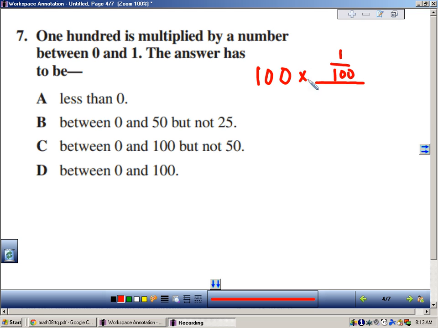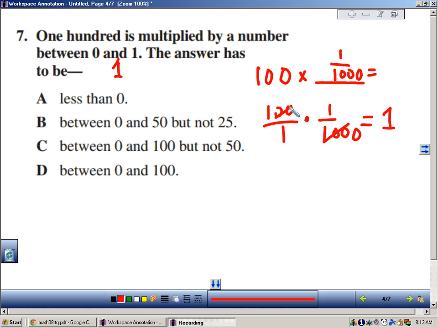Remember that old rule? And so the answer could be 1, right? Okay. What if I multiplied 100 by 1 over 1,000? What would that be? Just add a 0 here. So we'd end up with a different kind of number here.